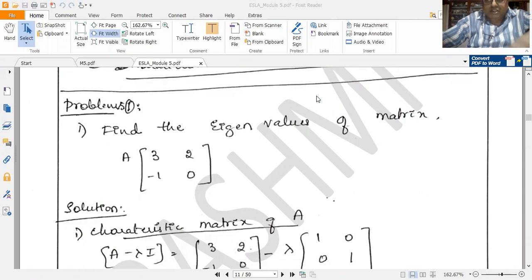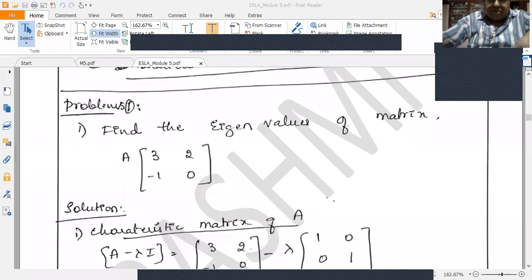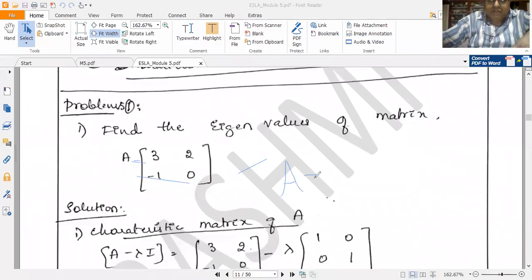Now the first problem is I shall find the eigenvalues of a matrix A given by 3, 2, minus 1, 0. So A is given by 3, 2, 2, minus 1, 0.